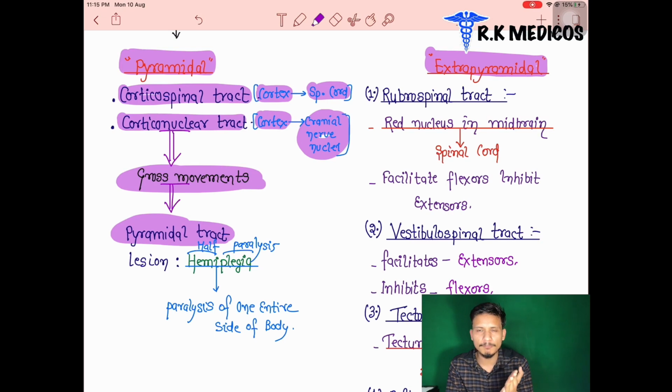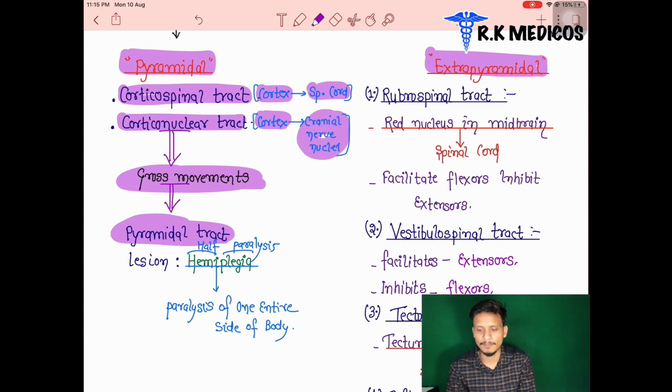Hemi means half, plegia means paralysis. The patient gets half paralysis of the body. It means if the right-hand side of the corticonuclear tract is affected, the right half of the body is not working. The whole right face, the whole right hand, the thorax region, the abdominal region, or the lower limbs, all of these are not going to work.